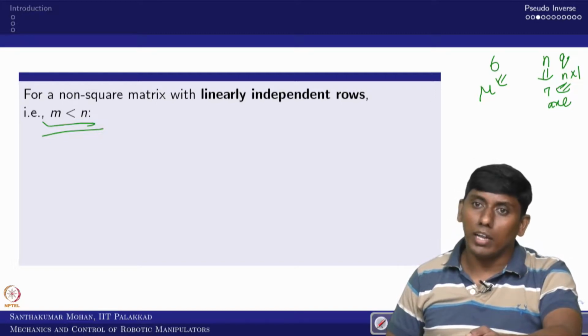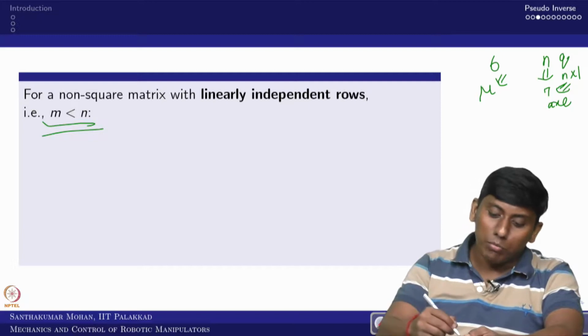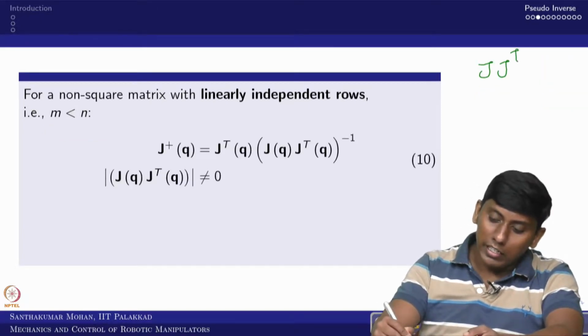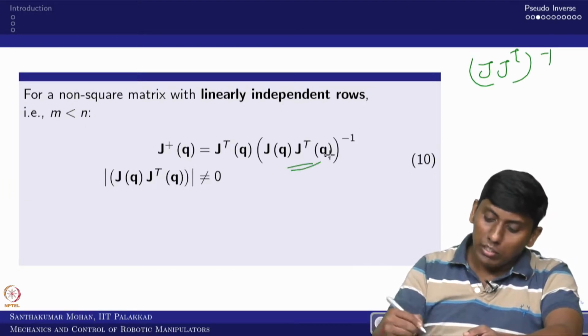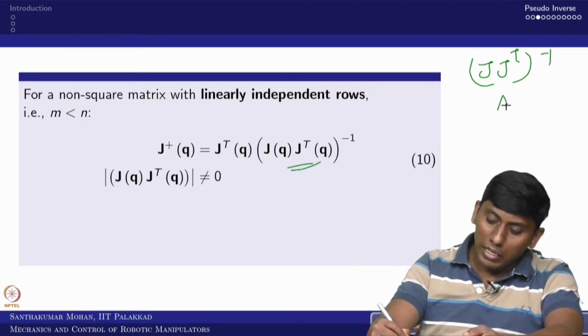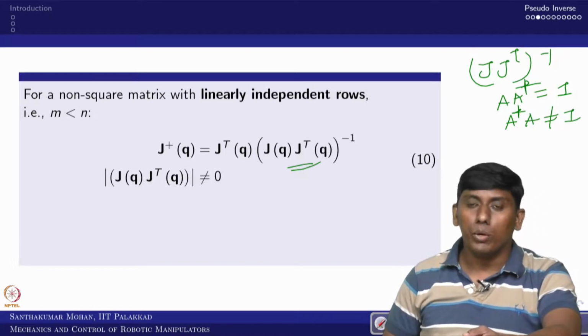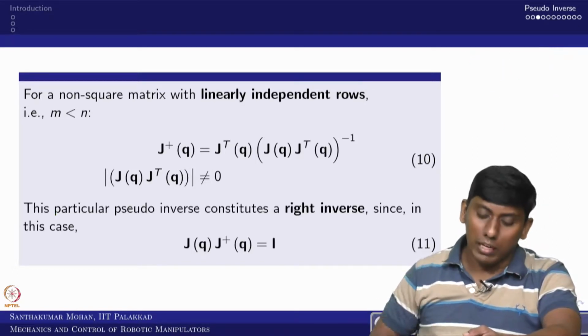It is underspecified, and multiple solutions are possible. In that case you can take the right inverse, where you take J transpose inverse. For the right inverse, A A plus equals I, but A plus A is not equal to I.